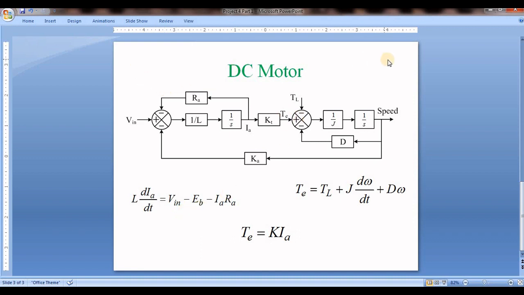So basically this can be developed in MATLAB, and it is a very easy process to get the modeling of a DC motor in MATLAB by using these equations.